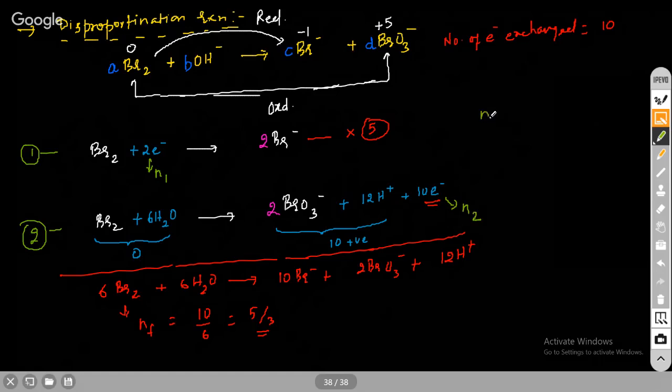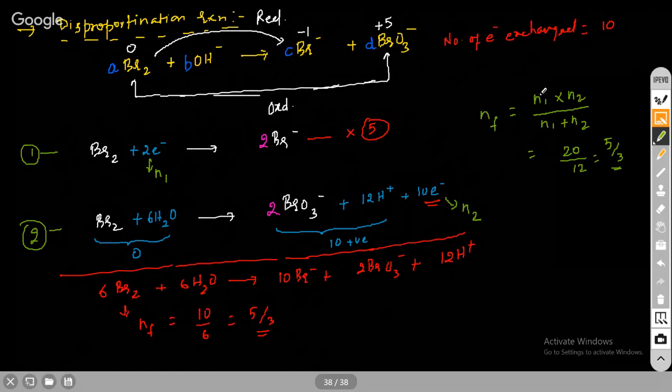So what we can find out, the n factor for this reaction will be N1 into N2 divided by N1 plus N2. N1 into N2 gives you 20 divided by 12. That will be 5 by 3. Same value we are getting.